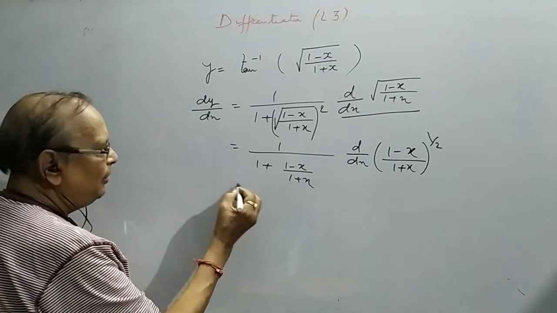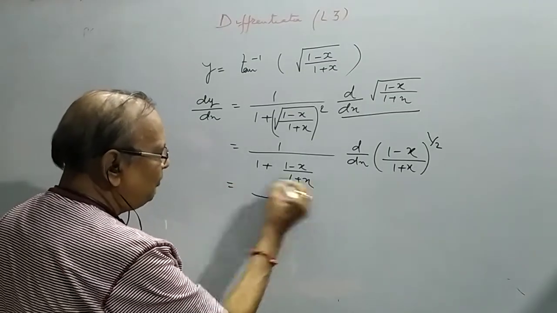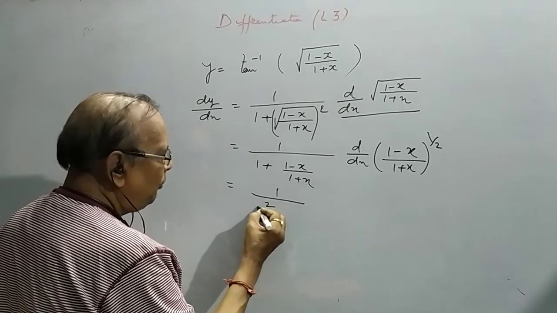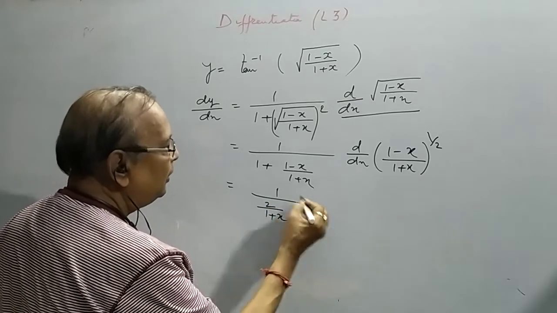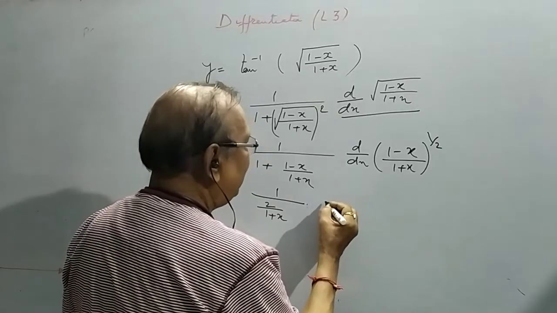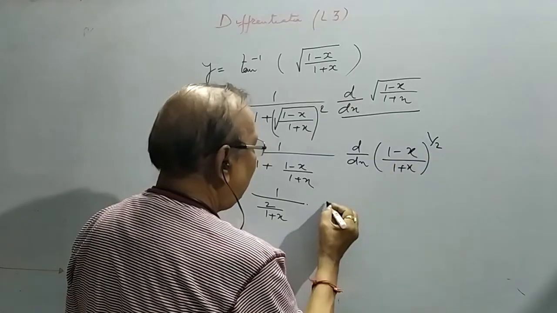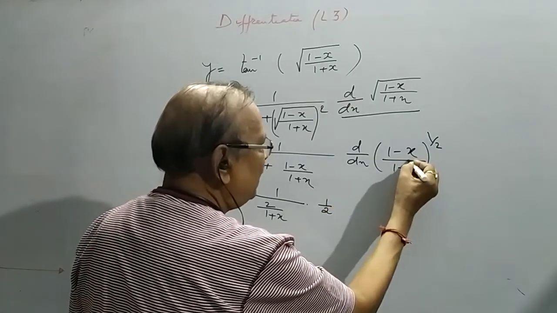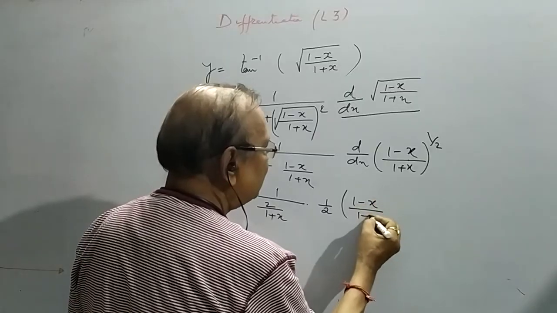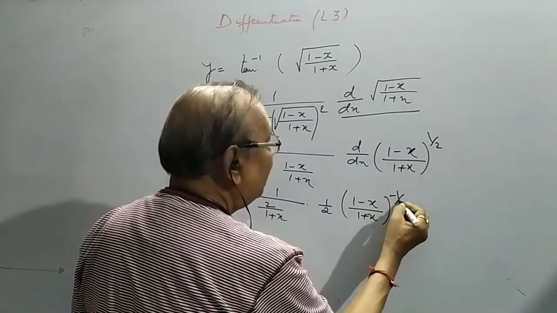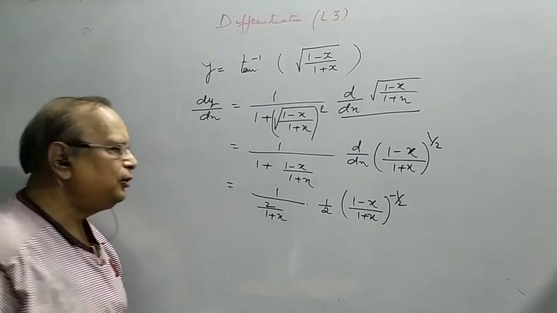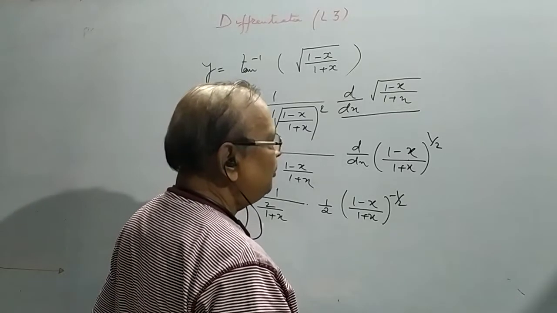Now what will we do? We may simplify simultaneously, that is, we are getting 2 upon 1 plus x into half, we assume that is t, half 1 minus x upon 1 plus x raised to the power minus half, as t raised to the power half is differentiated to t raised to the power minus half.